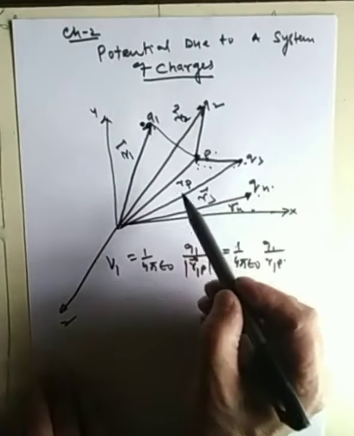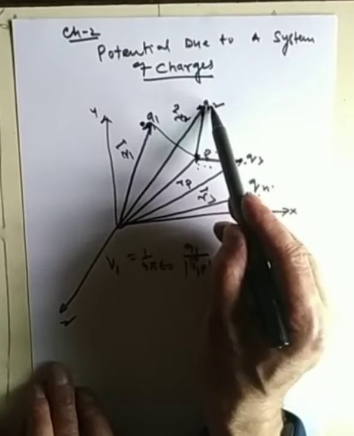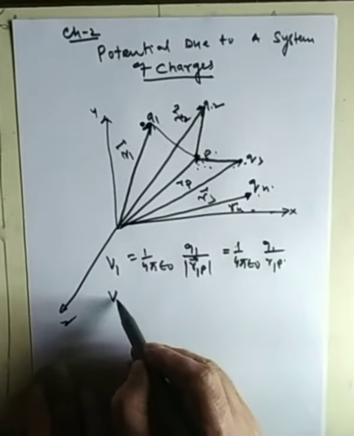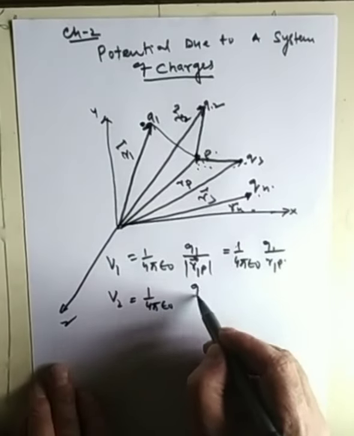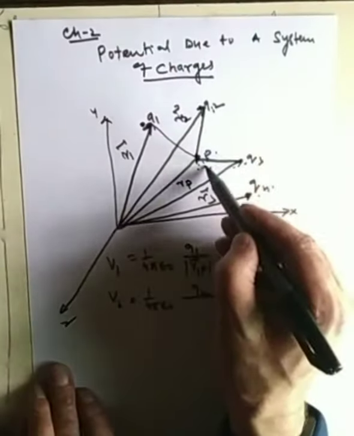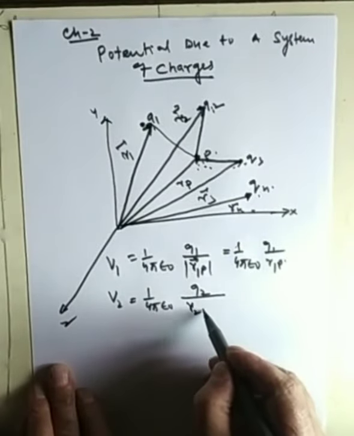Next, now potential due to charge Q2 at P, that is V2, that will be again 1 by 4 pi epsilon 0 Q2, distance between charge Q2 and P, that is R2P. ठीक है?